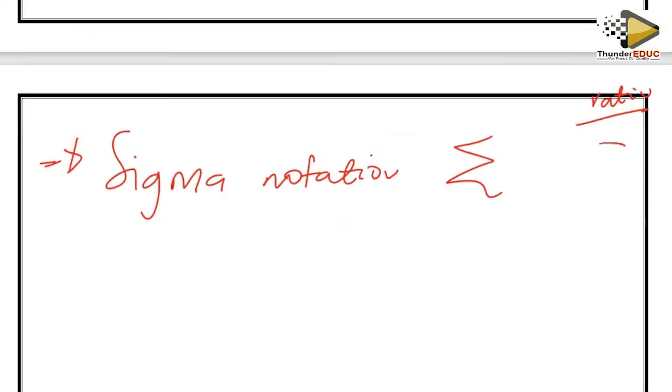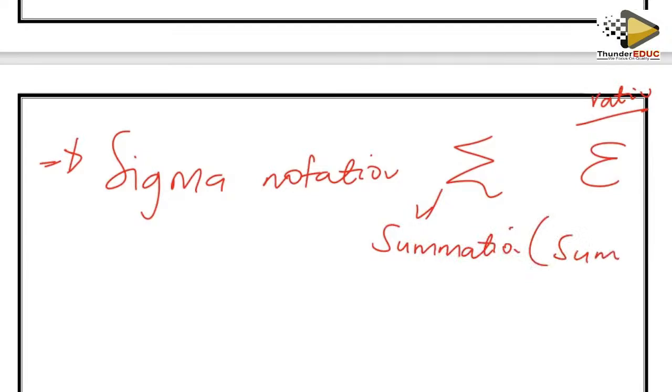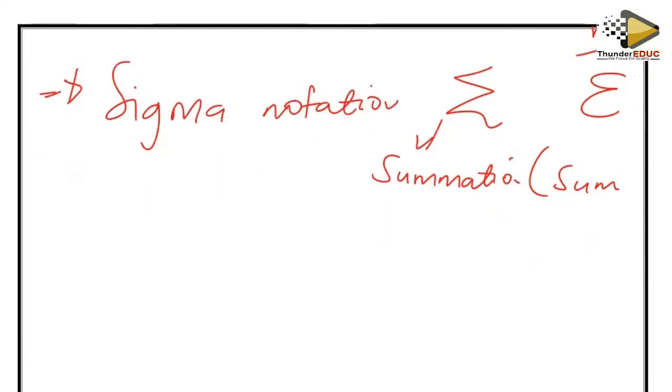It's either that or a funny looking E. And the meaning of it is just summation, which means sum. What we know about the sigma notation is that there will be something down here, which will be like the starting point, and then at the top, that's where the end will be.